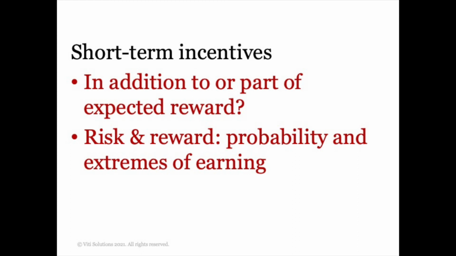We have a problem, and it's actually even bigger problem with long-term incentives, but short-term incentives too. We look at what's the probability of getting something, and say we expect the target level to be the one that pays out. But if we get the probabilities around pay and performance wrong, it can be quite dramatic.